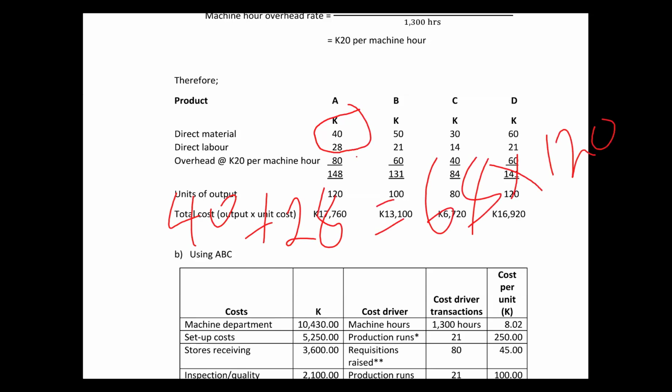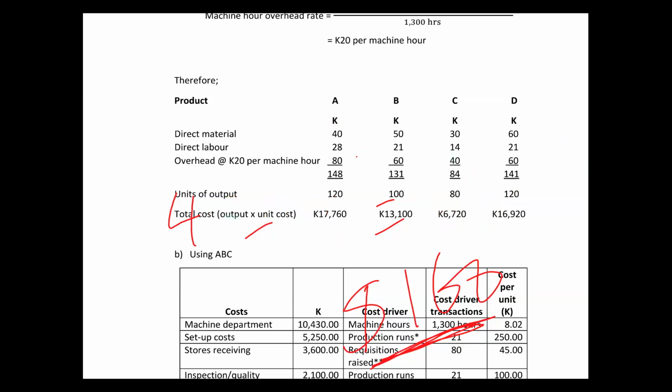So 68 times 120 gives us 8,160. This is the total prime cost for product A. Let me also do one for product B so that you understand.